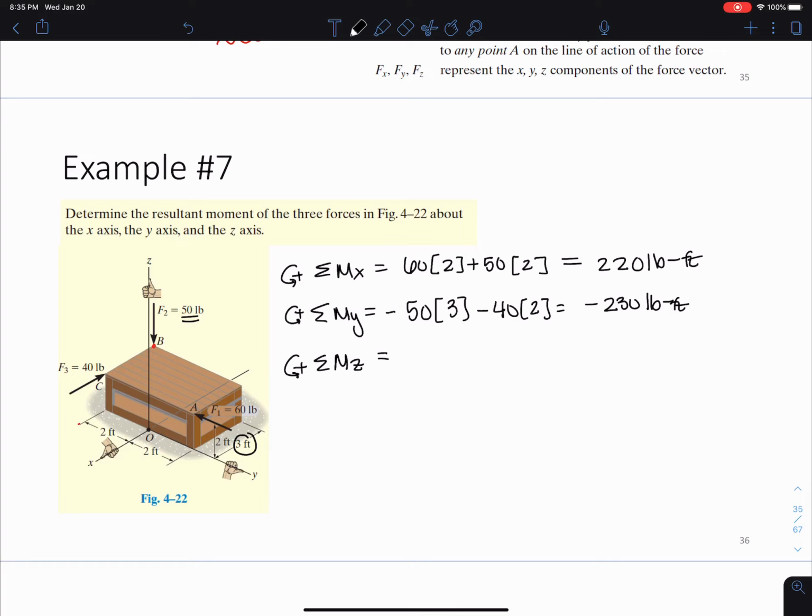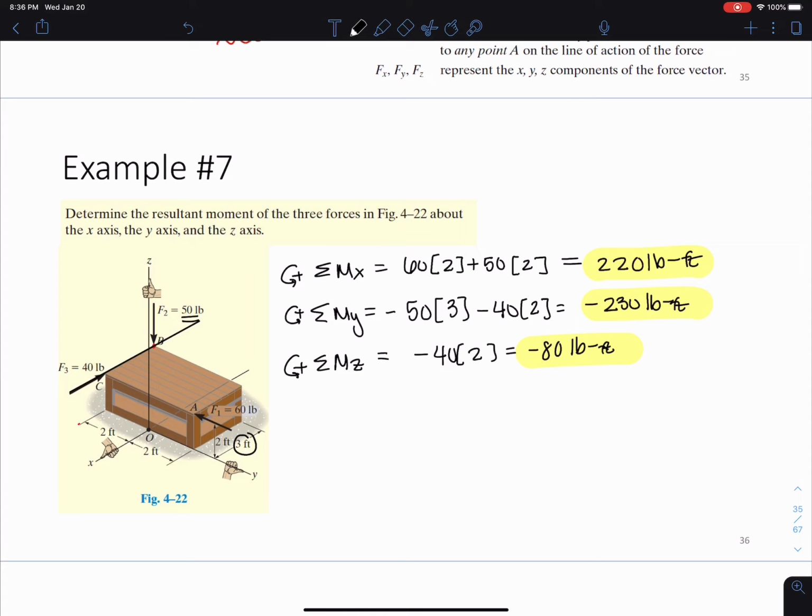So all I have is this 40, which is acting 2 feet away here. So I would have a negative 40 times 2, which would give me negative 80 pound-feet. Okay, what does the negative mean? It just means that it's acting in the opposite direction that was specified here.